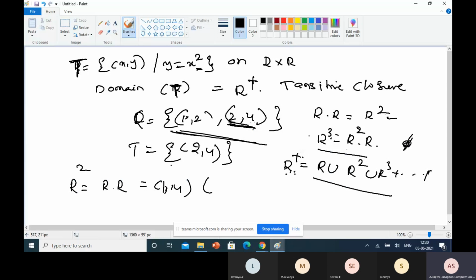Okay, only this one exists. Coming to R cube, from 2 to 4 and 4 to anything there is no relation, so it is empty. Now suppose we take the union, then what happens for us is this.